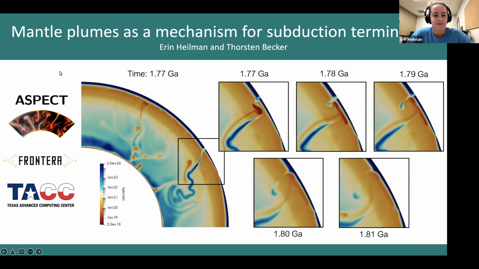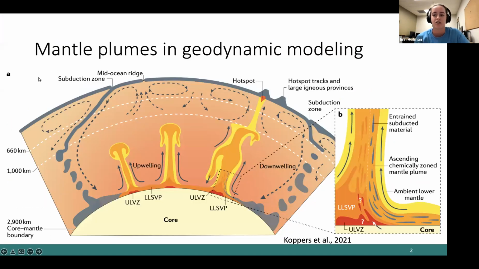So as an intro and a refresher for most of you, mantle plumes in geodynamic modeling essentially come from the thermal boundary layer at the bottom, the core mantle boundary. They're essentially thermal upwellings that come up when you have instabilities, whether they're from LLSVPs or ULVZs.